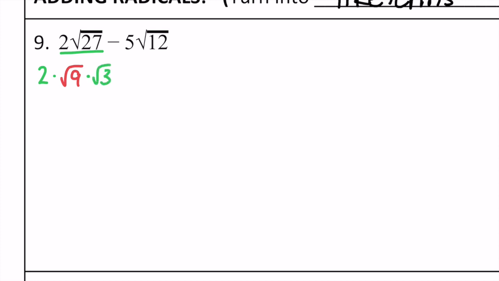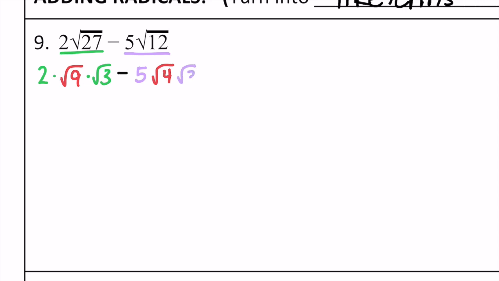So that's how I can rewrite that first term. And then the second term, I have 5 square roots of 12. I can rewrite this as 5 times the square root of 4, the biggest perfect square inside of 12, times the square root of 3.